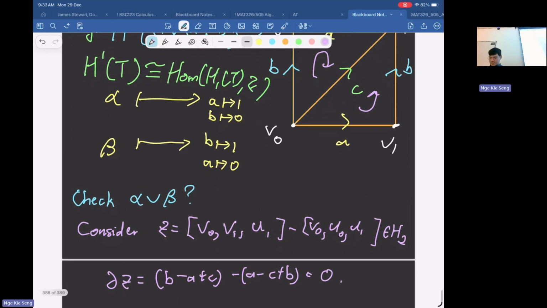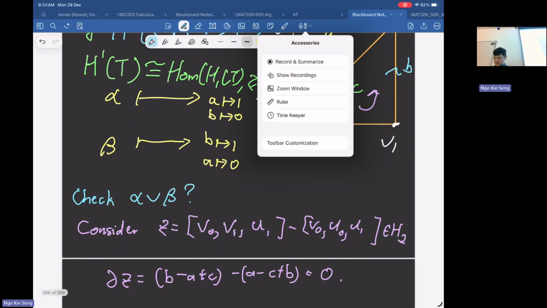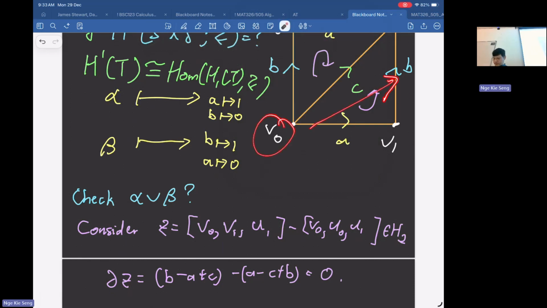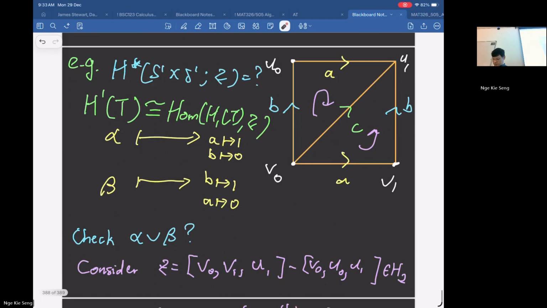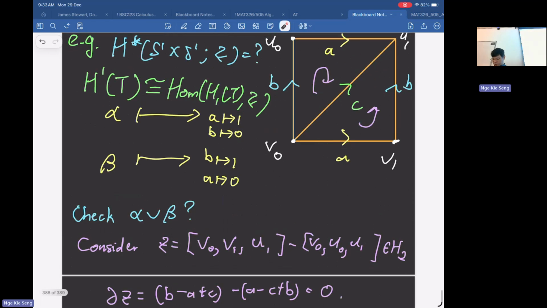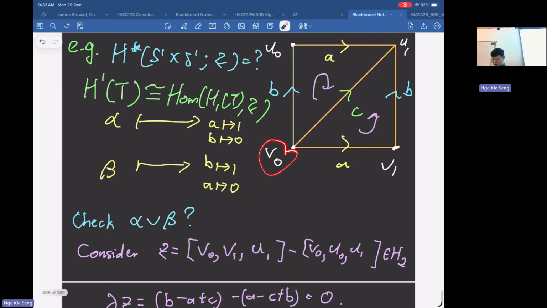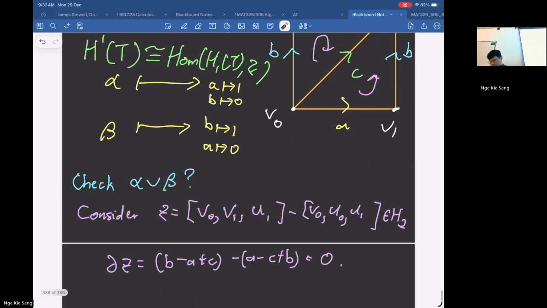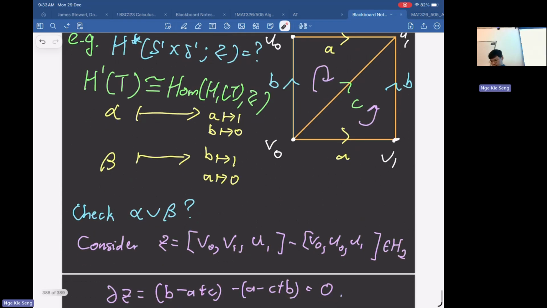So you take away the first vertex, and then positive, take away the second vertex, and then negative, like that. Did I do the wrong computation or not? So V0 and then V1. Okay, let me see. Do I get minus C instead?